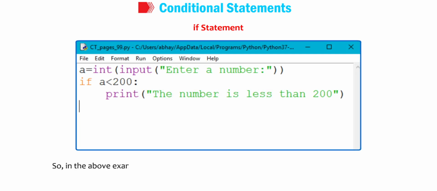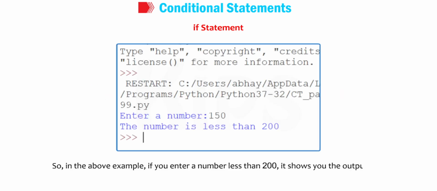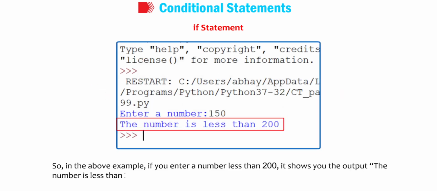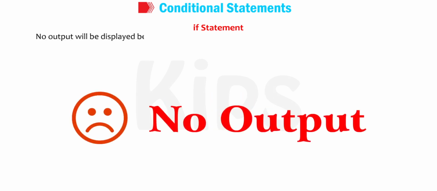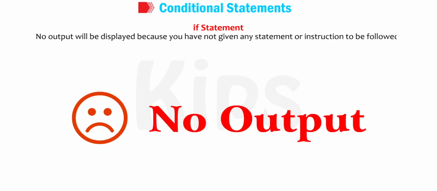So in the above example, if you enter a number less than 200, it shows you the output. The number is less than 200. But what will happen if you enter a number greater than 200? No output will be displayed because you have not given any statement or instruction to be followed if the given condition is false.